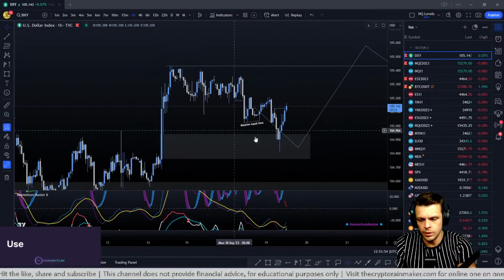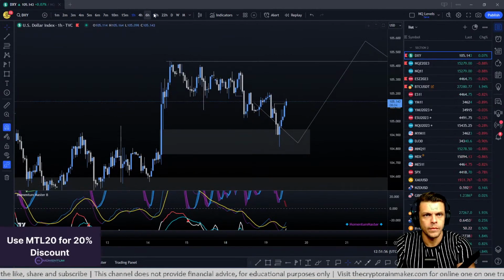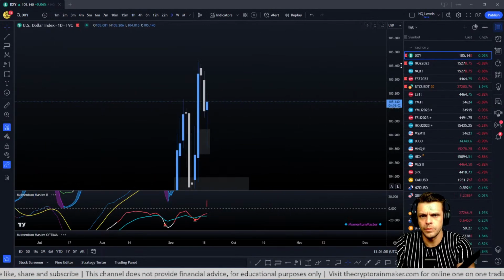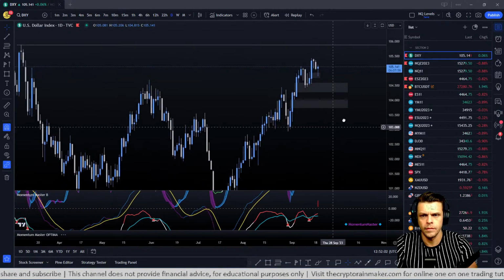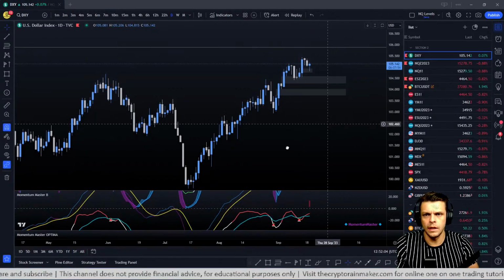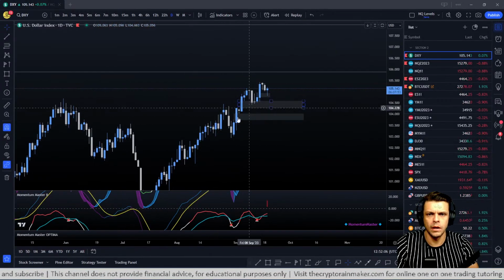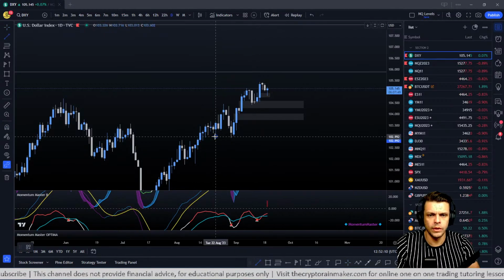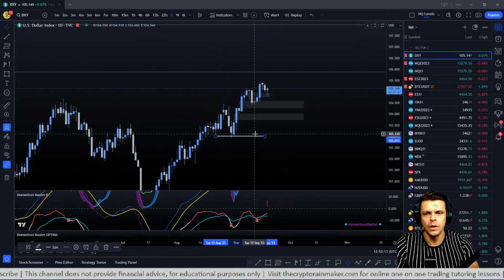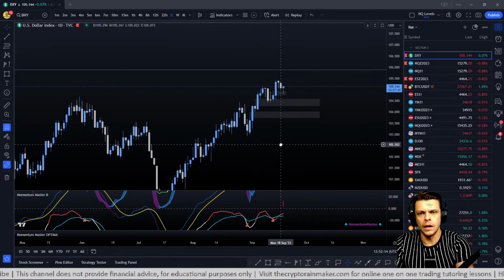Okay, I kind of skipped the daily. Quickly go to the daily. Okay, so the daily has just been putting in higher highs and higher lows with the occasional sweep of the sell side liquidity before moving higher.